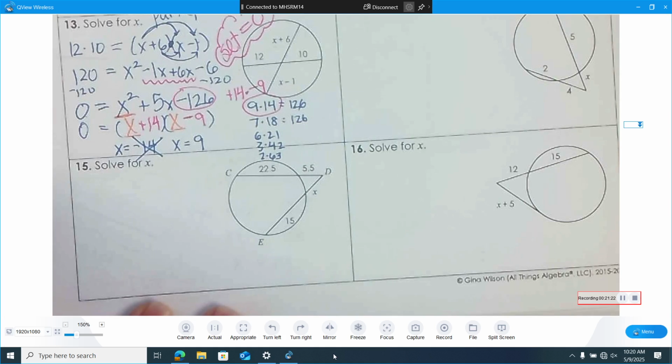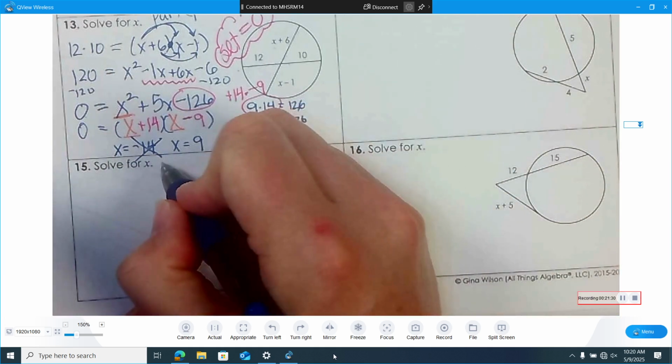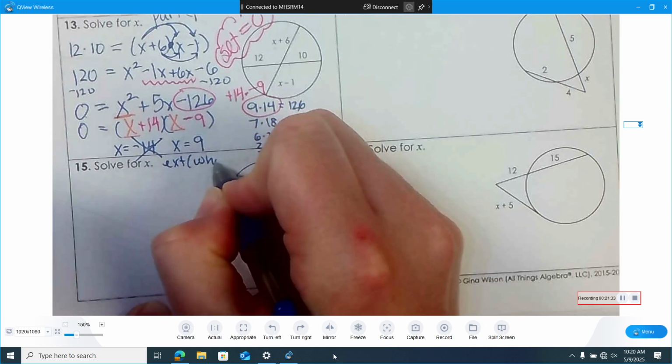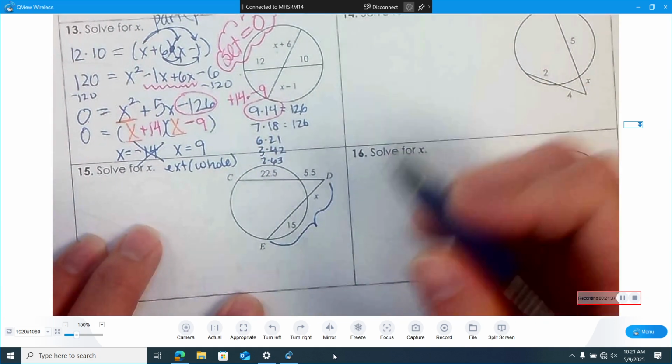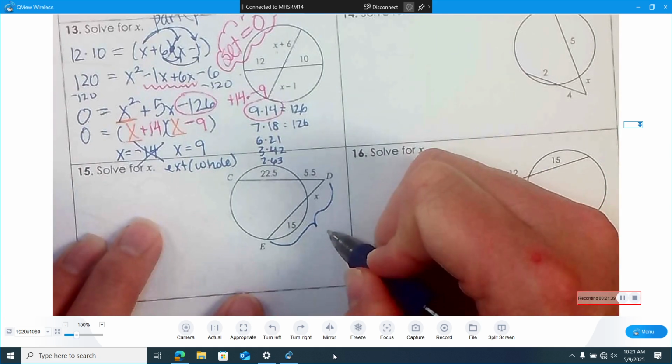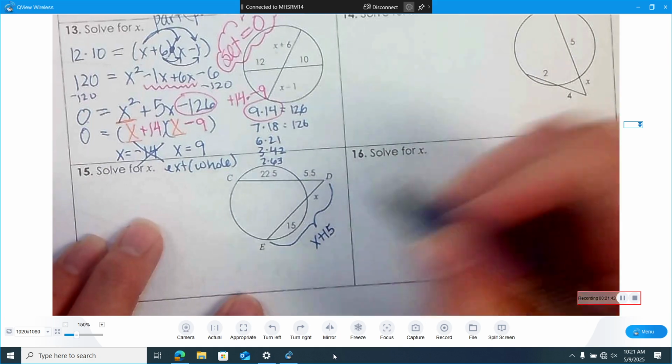What case is this? What type? Type 2, so what's my little thing to remember? Exterior times whole. Exterior times whole. So right here, what's my whole? What's the whole length? X plus 15. Very good.